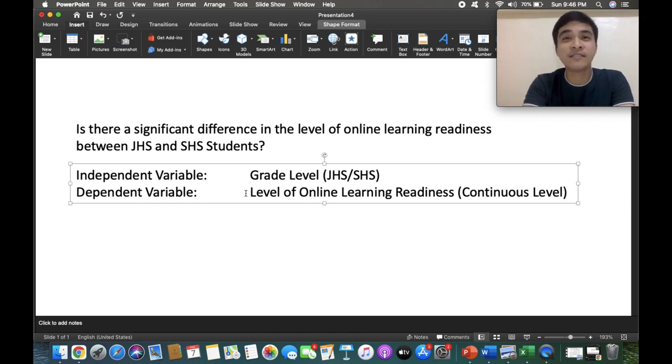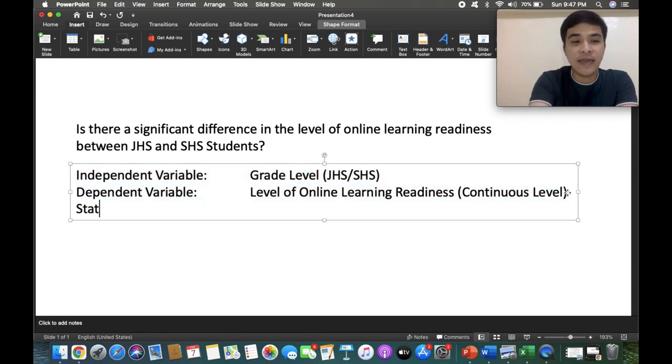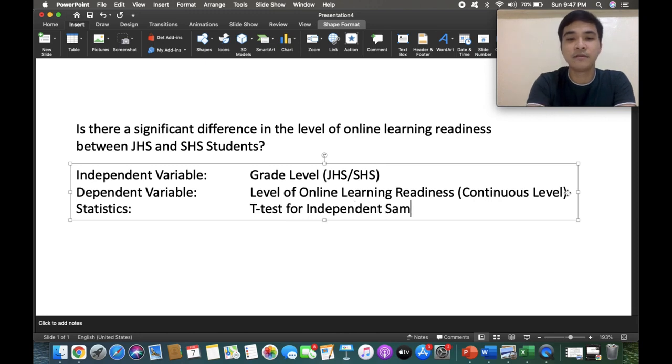So if you want to test difference for two independent groups, why is it two? Because we only have the junior high school and the senior high school. Again, the appropriate statistics that you are going to use in the analysis will be, yes, correct. If your answer is t-test for independent samples, then you are right.